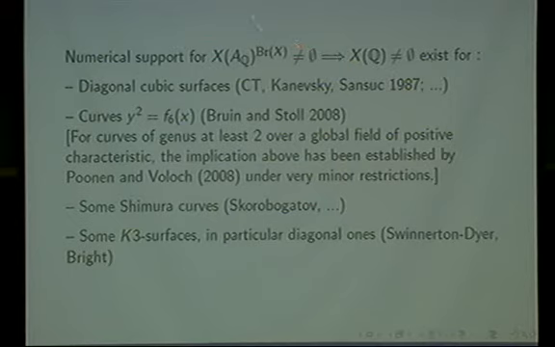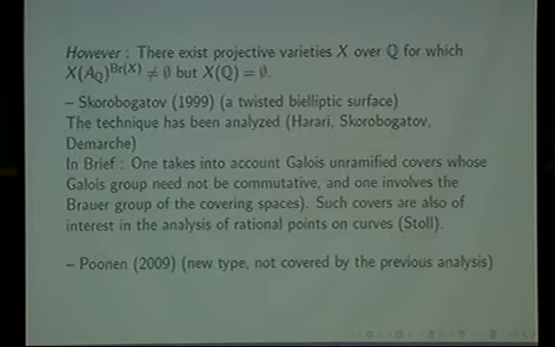And we never believed that this implication should hold for any type of system of equations because it would contradict in some way Lang's conjecture on varieties of general type. But it would contradict some conjecture, so we had no counterexample. Okay? But in 1999, Skorobogatov gave the first unconditional example of a variety, in fact a twisted bielliptic surface, which has this condition fulfilled but has no rational point.